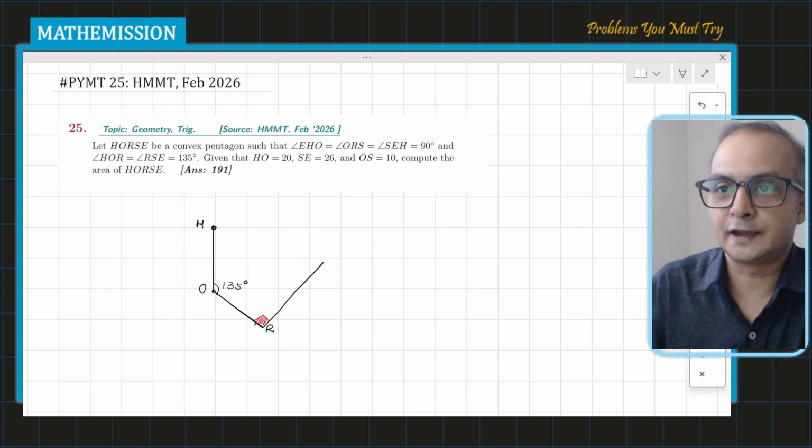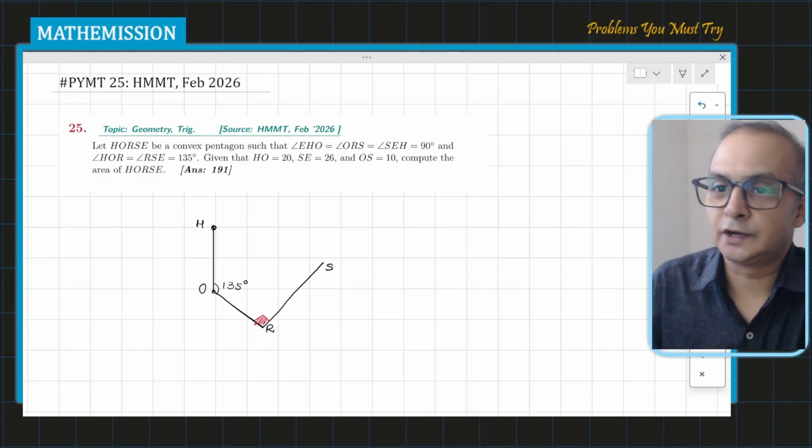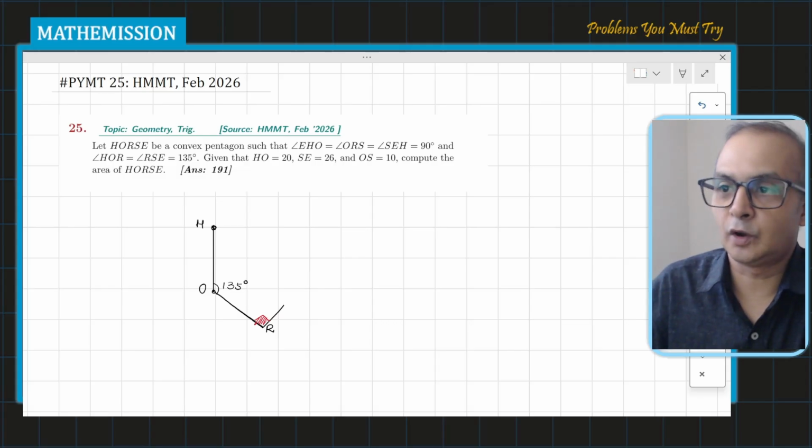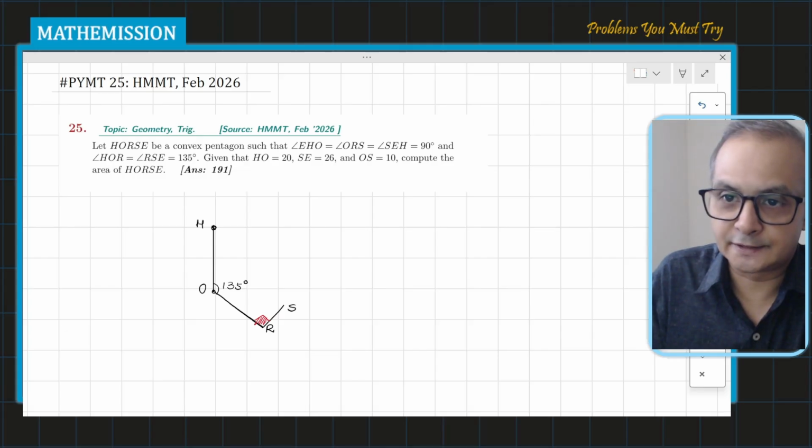After this again you notice that they are saying RSE, so this is going to be S. And here how do we draw S? Let me take this a little bit smaller, and this, let's say, S.